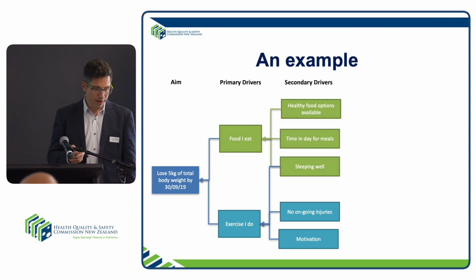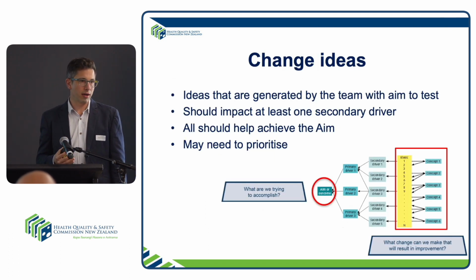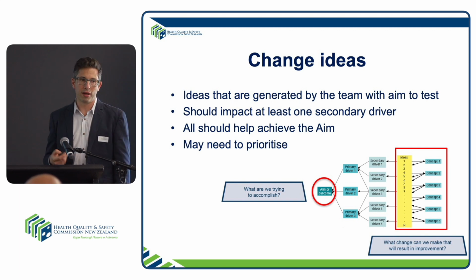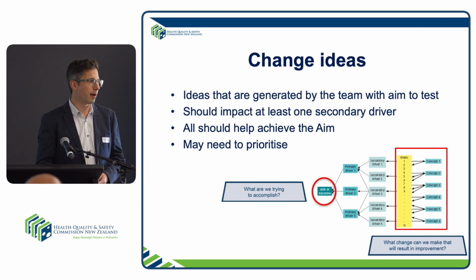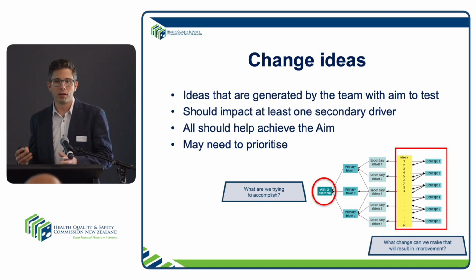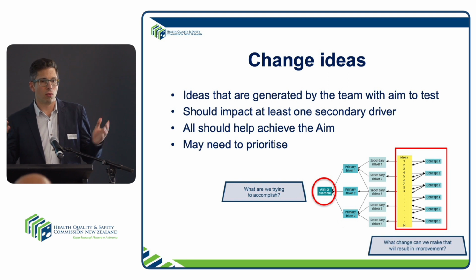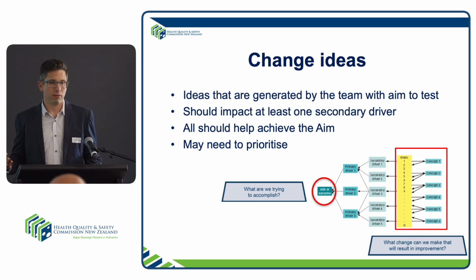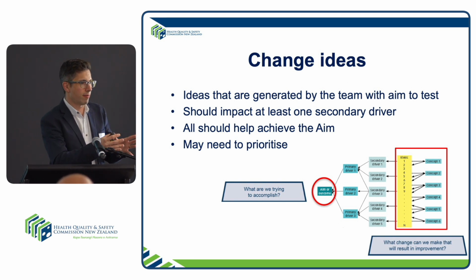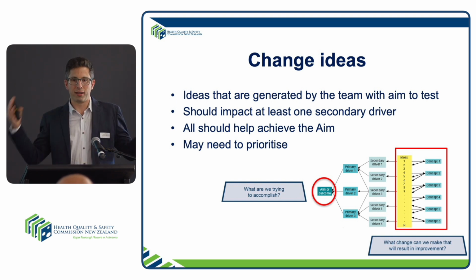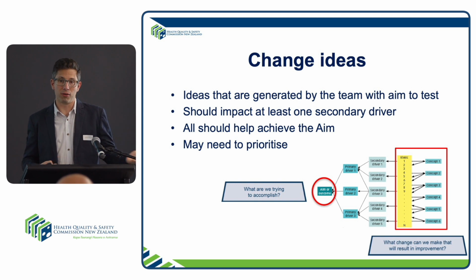We then start to have a look at what ideas we might use to change those. These are generally brainstormed ideas that might come up. And you might tie them to a driver and say, right, for this driver, what are the ideas we could test to impact that driver directly? Or it might be, what are all the ideas we've got and how do they align to our drivers?